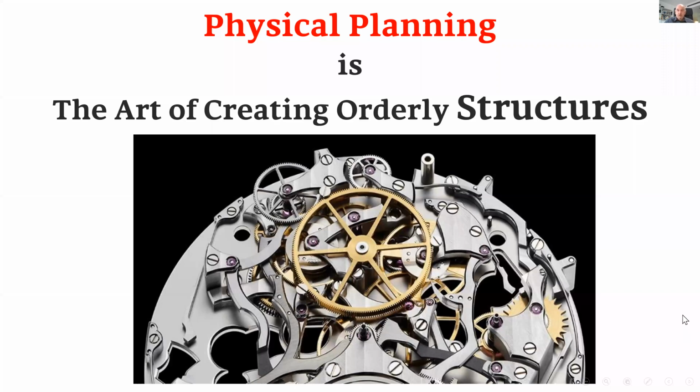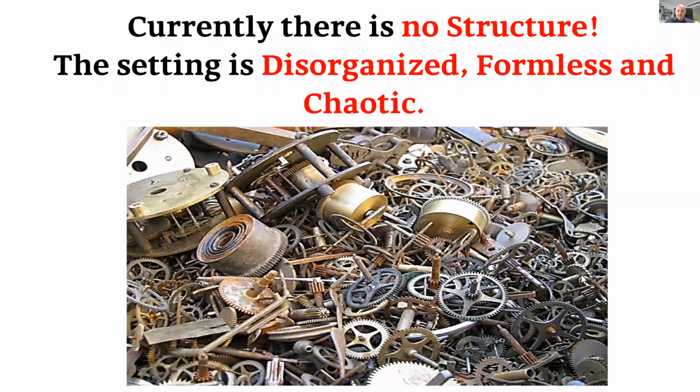And therefore, when you look at this, you cannot create function. You cannot create positive activities, or even arrange the land or the infrastructure for its purpose. And this is a very problematic issue in your country.